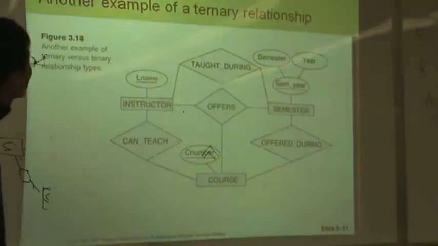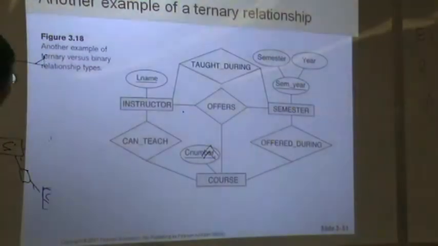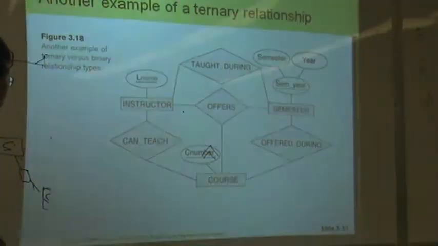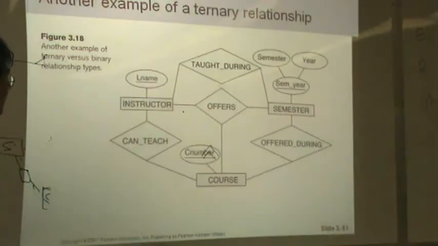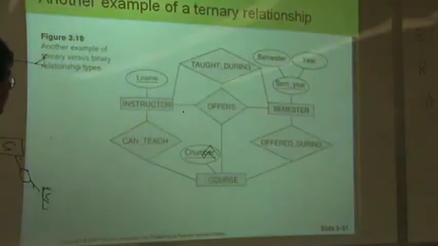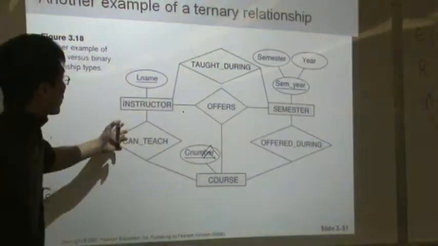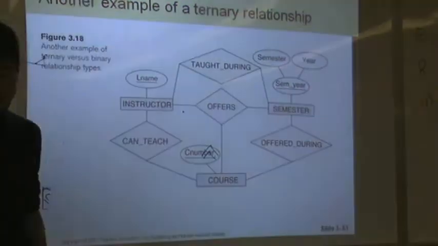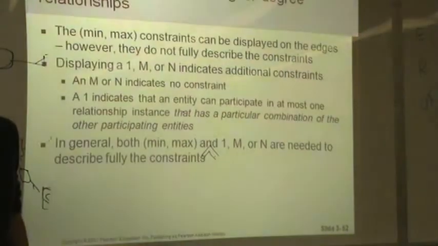So this is an example of the binary relationship in the registration. Instructor offered the course in a specific semester. This one is a combination of the binary and ternary relationship that will cause more performance problems.